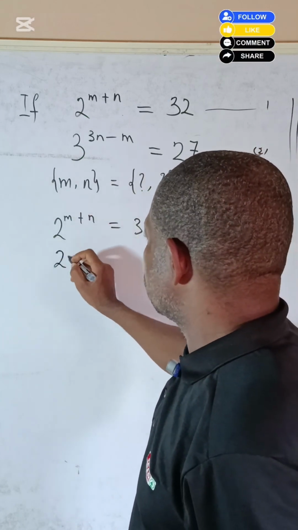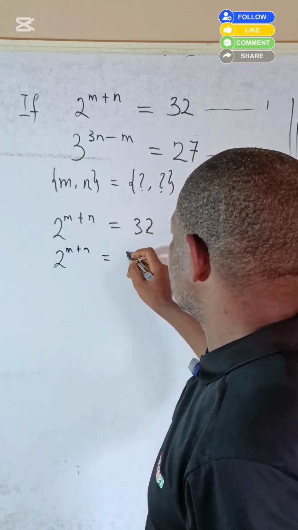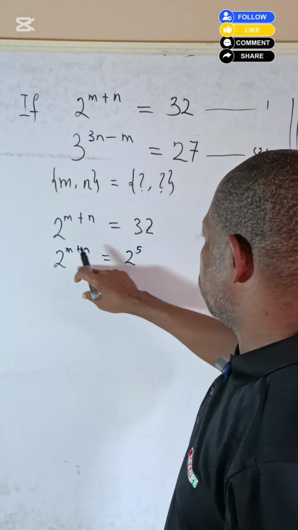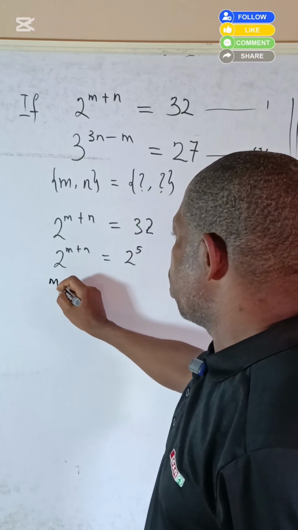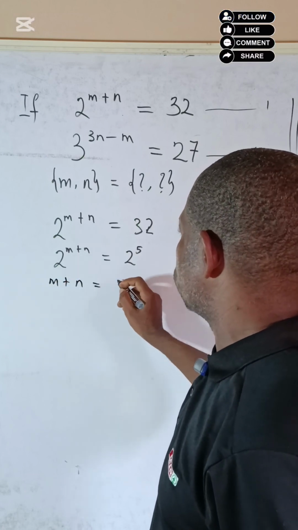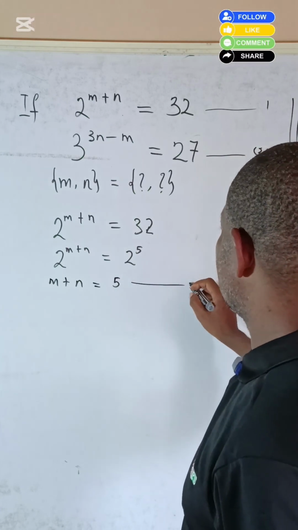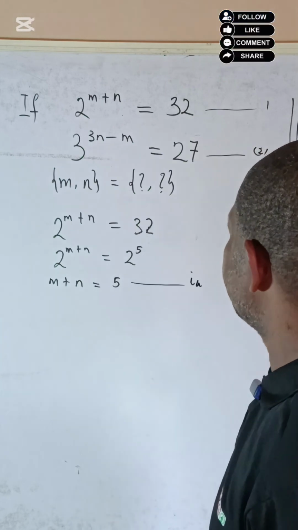So we have 2 to the power m plus n is equal to 2 to the power 5. Because the bases are now the same, m plus n is equal to 5. We can call this transformed equation 1, so let's say equation 1a.